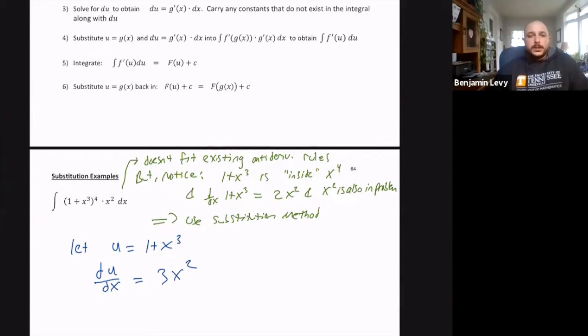Step 3 says solve for du in terms of dx. So that just means just multiply the dx over to the other side. I'm just going to pause right there. I've done a couple steps. See how that looks. I'm going to slide this over too.